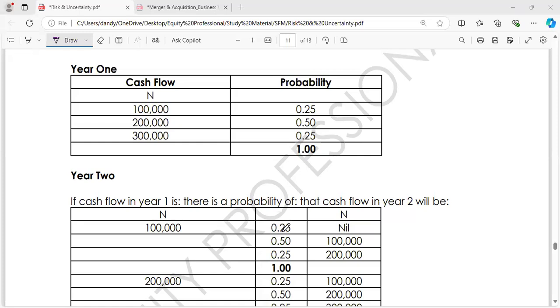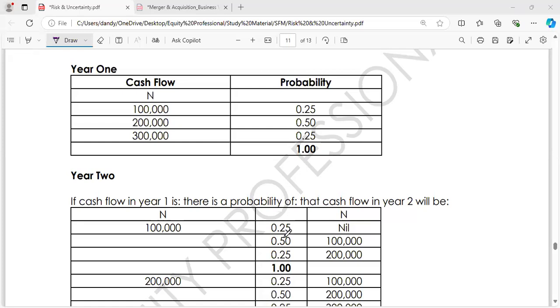All right, so like I explained earlier, you use decision tree when you want to make a complex business or investing decision, whereby you have sub decisions to be made. There are conditional events that may occur.